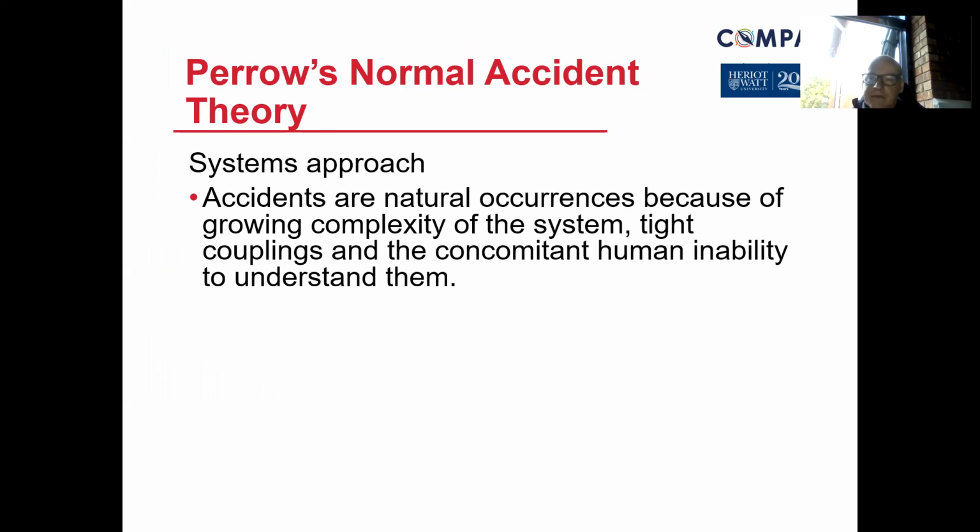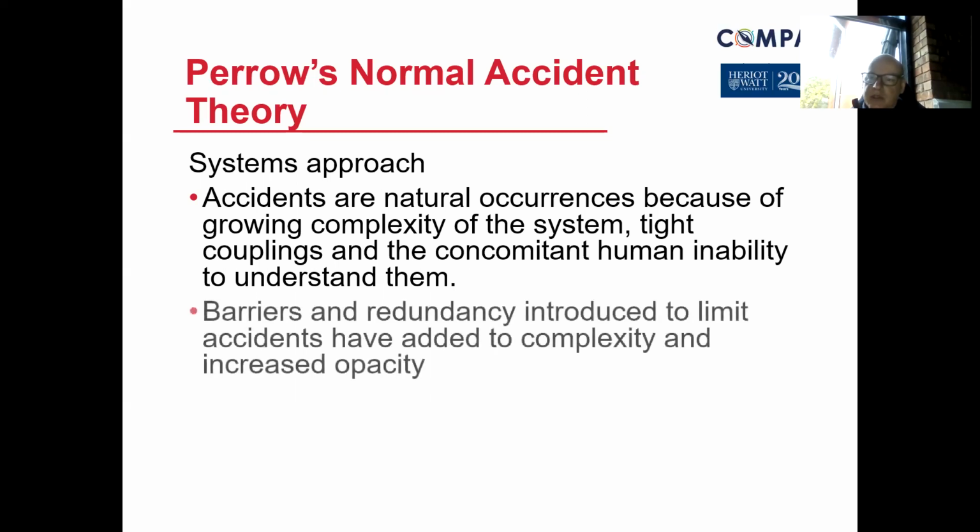And I guess from the CSB video we saw earlier on, you can see there that perhaps the systems and procedures are in place, but the people who are going to have to react effectively didn't respond in the manner expected. So perhaps what we need to do is change the system so that it reduces the human error somewhat. Barriers and redundancy introduced to limit accidents have added to complexity and increased opacity.